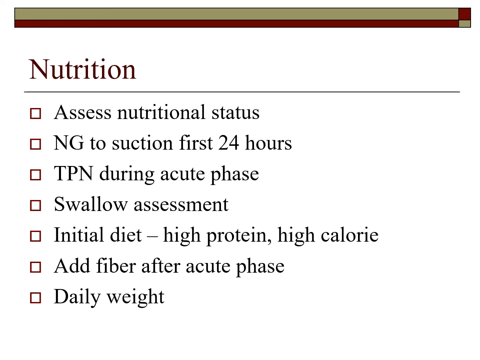Think of all the good snacks and dietary supplements too. This might be the Ensures and the high protein supplements, adding the fiber for the GI, and then daily weight to make sure they're meeting their nutritional goals.